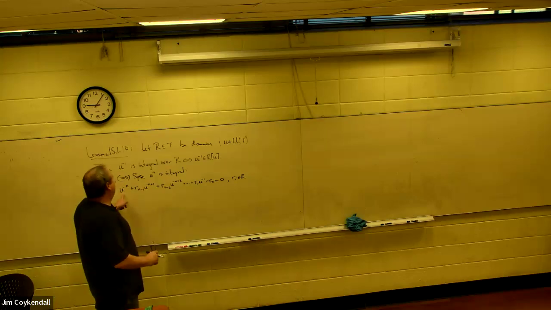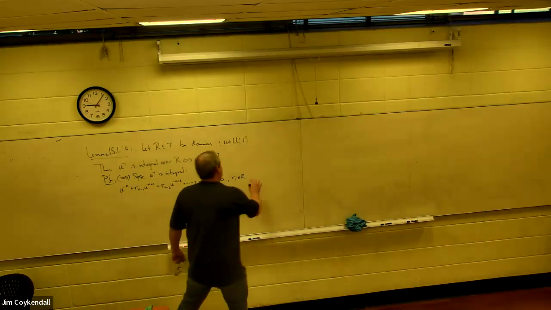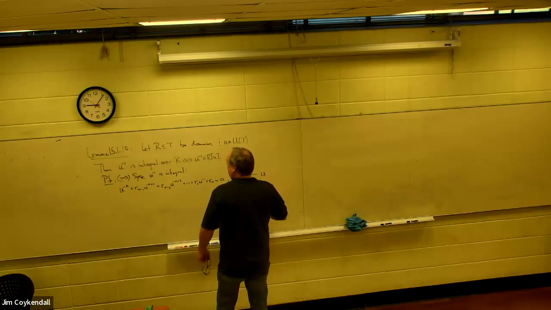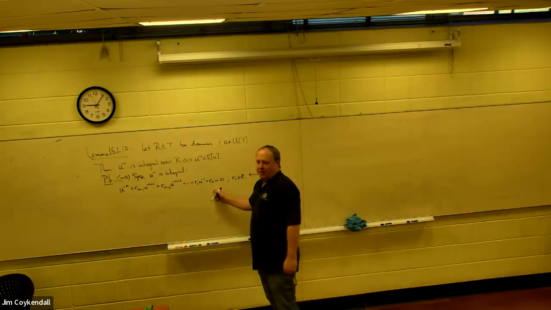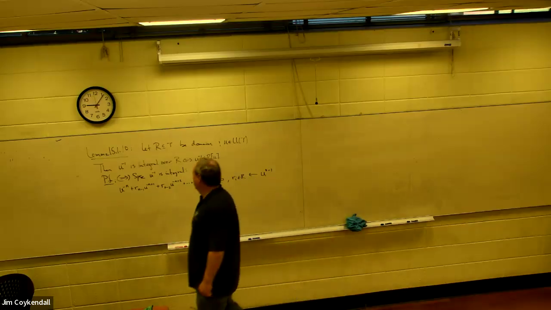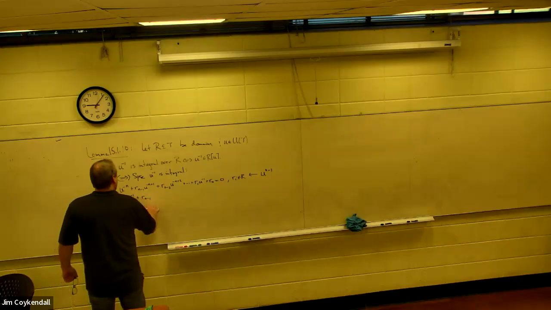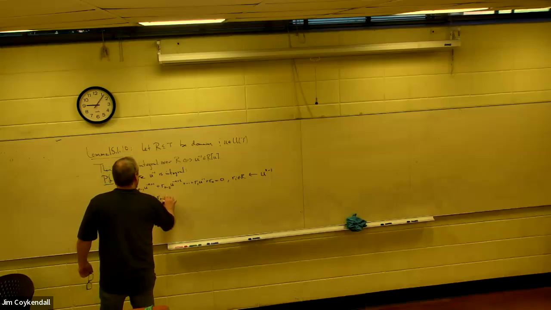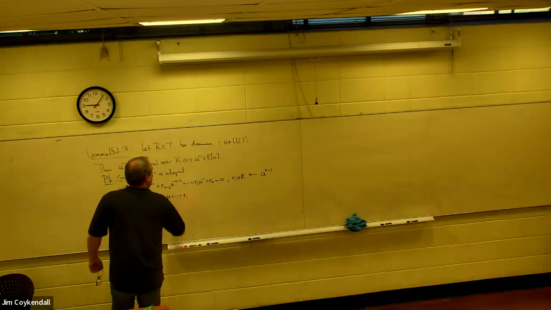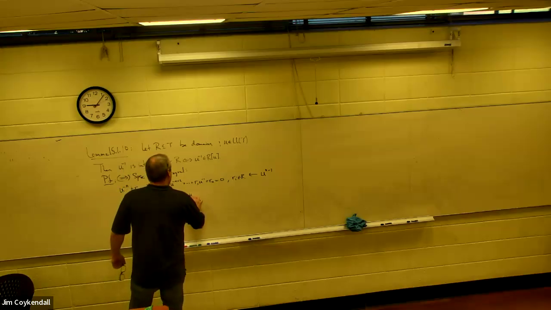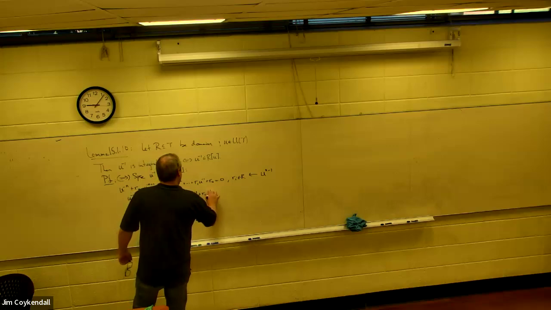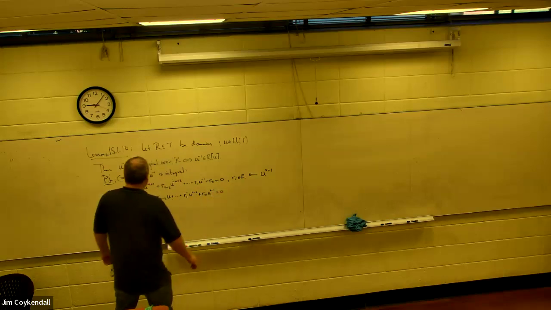Now, what I want is U inverse in R[U]. So I'm going to multiply both sides of this equation by U to the N minus 1, giving me U inverse plus R_{N-1} plus R_{N-2} U plus ... plus R_1 U to the N minus 2 plus R_0 U to the N minus 1 is 0.